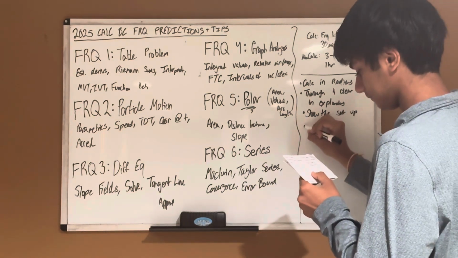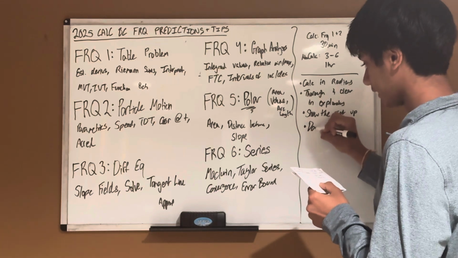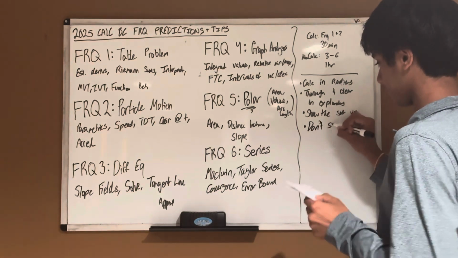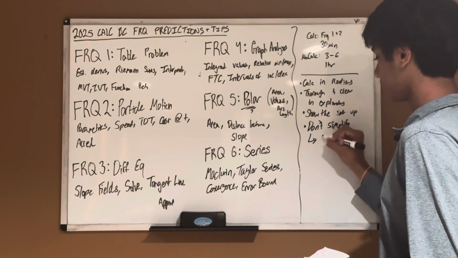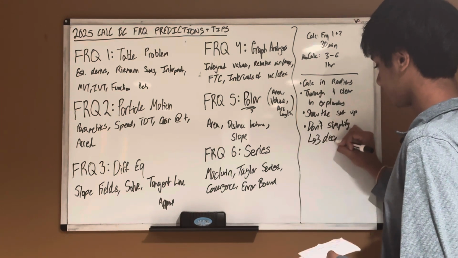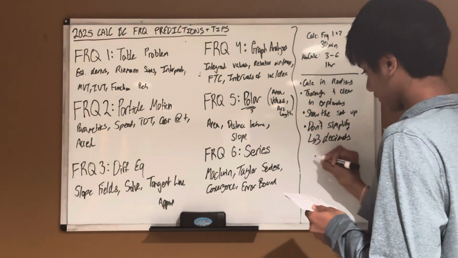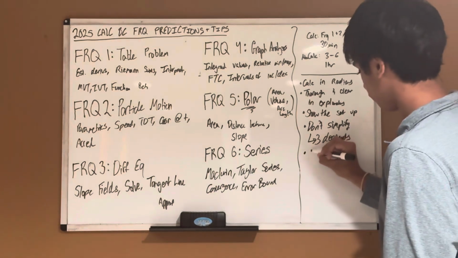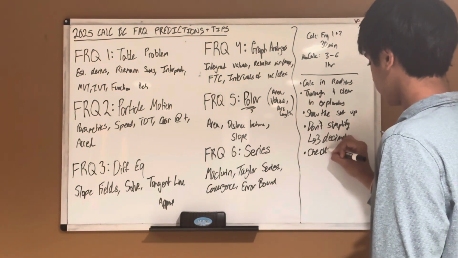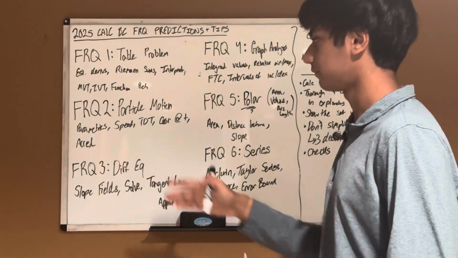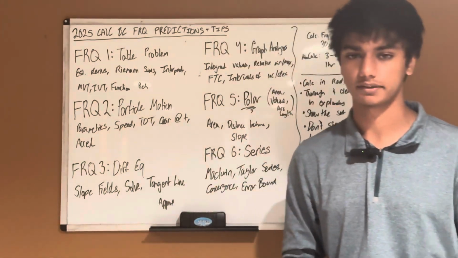And don't simplify your answer, okay? If it doesn't ask you, don't simplify it. You might make a mistake and get it wrong. Again, remember 3 decimal places. You want to round to 3 decimals. And also, obviously, make sure to check your work at the end just to see if you answered the question and made no mistakes. Those are just my basic tips for the FRQ.